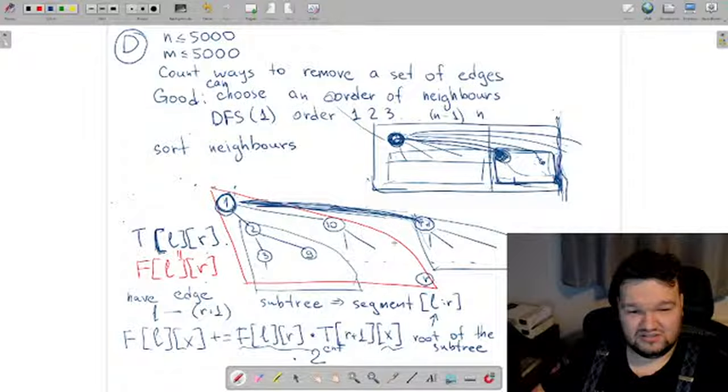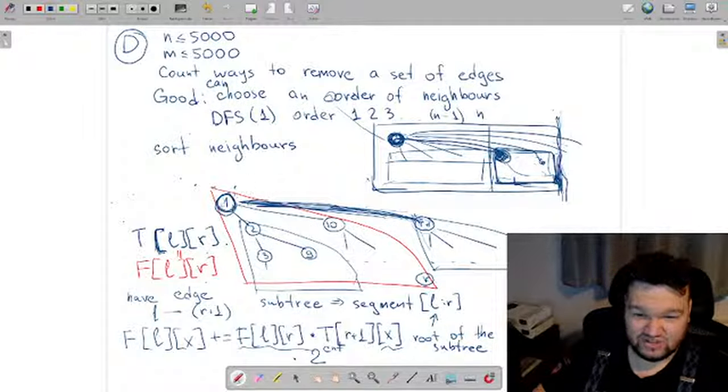So we have L, R, X. Those are our three parameters of the transition. But it is not n cube, it is actually nm, because we must have edge L R plus 1, so we can say that we're iterating over the edge we are adding and x. So that's m times n.